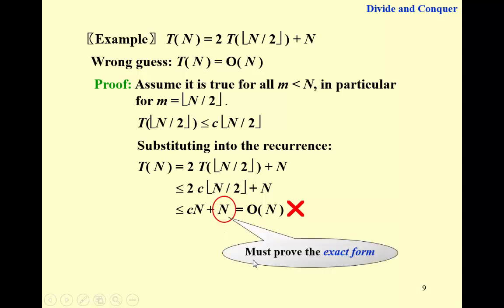That's what I mean by saying we must prove the exact form, exact same form. Okay, in other words, if this is t of m bounded above by c times m, it has to be t of n bounded above by c times n, right? And if there's an extra n, it doesn't work.